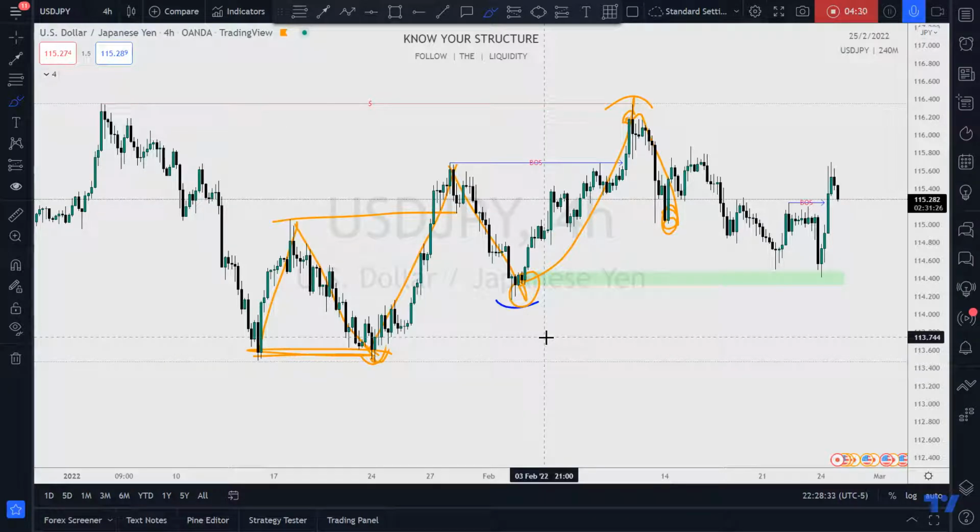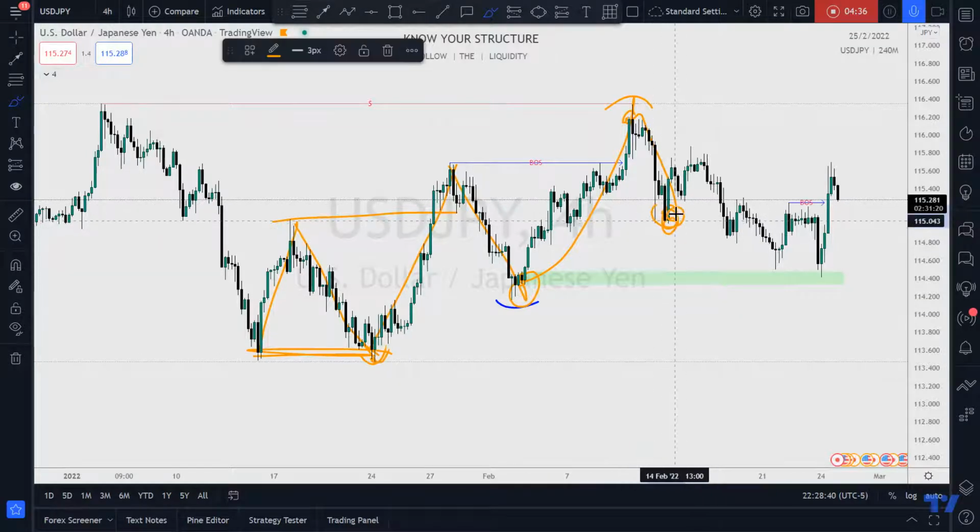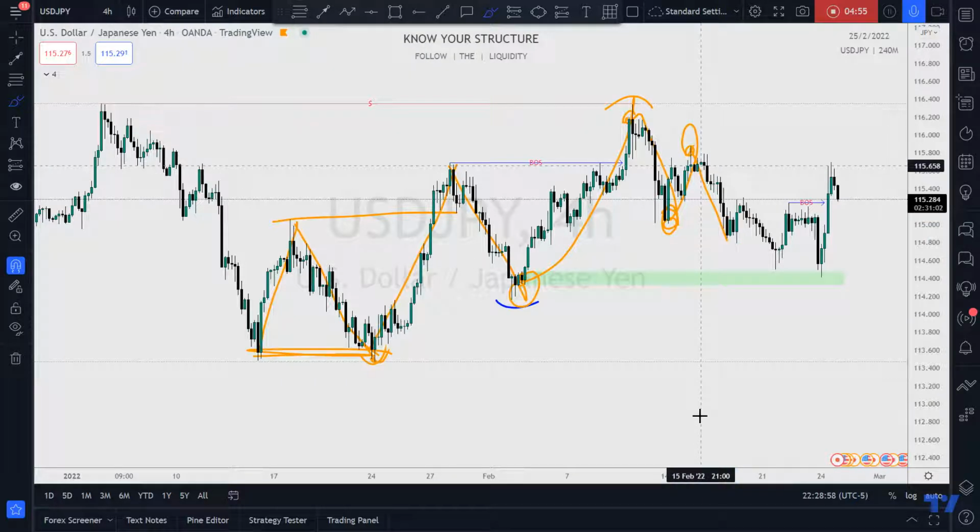I just messed that all up, right? Anyway, this isn't a higher low because it didn't make a higher high. So what is this? That's a lower high. It's a lower high only after it breaks structure to make a lower low. Got it? I hope you understand. That's the way it goes.